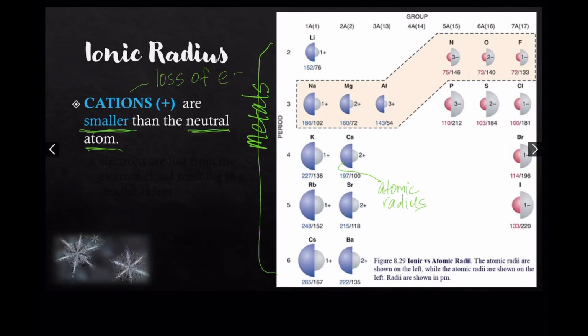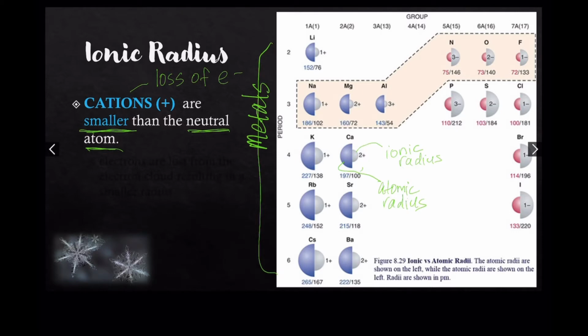When it loses its 2 electrons, it now has a smaller radius. So the gray half circle shown for calcium represents the size of its ionic radius. The measurements for the 2 radii are also given down below.